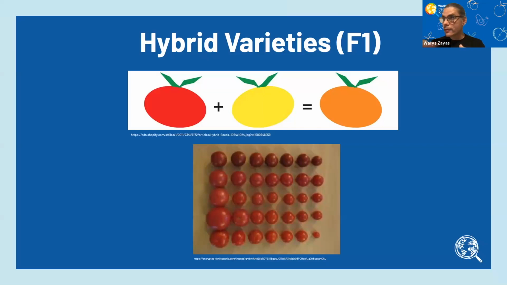That's the reason the picture at the bottom is an example of what happens when you harvest seeds from a hybrid variety and replant. So you have a lot of different sizes of fruits in this case, and that will not be good, because for commercial purposes it is not recommended.